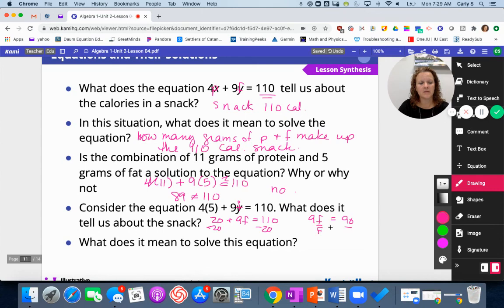Divide both sides by 9, not F. And the amount of fat in there is 10 grams. That particular snack has 5 grams of protein and 10 grams of fat.